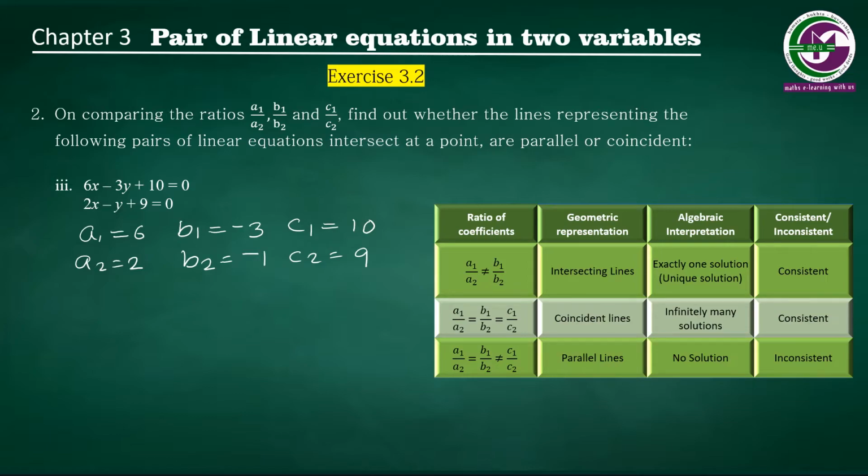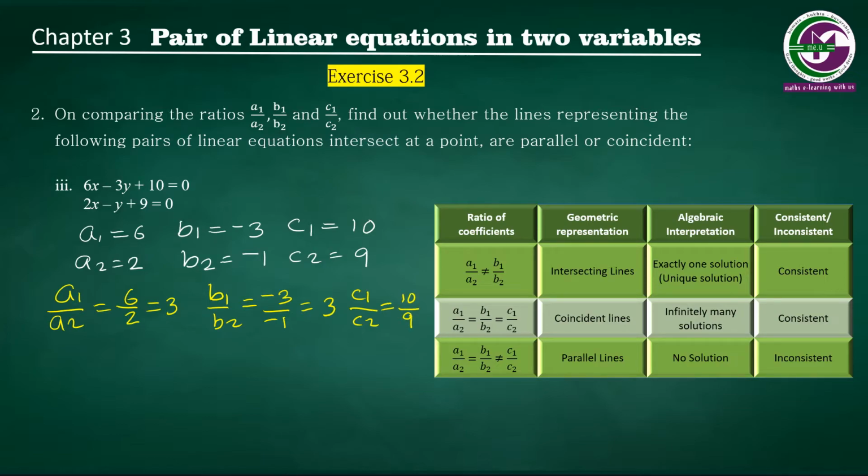Now we can compare the ratios. a1 by a2 equals 6 divided by 2, which is 3. b1 by b2 equals negative 3 divided by negative 1, which is also 3. And c1 by c2 equals 10 divided by 9.